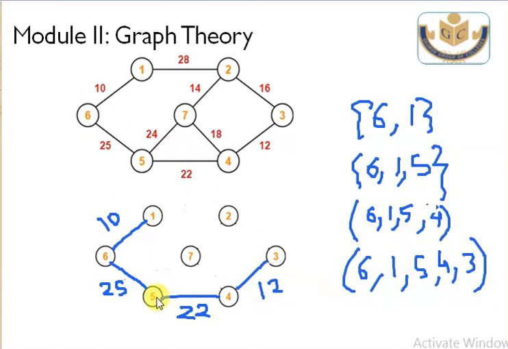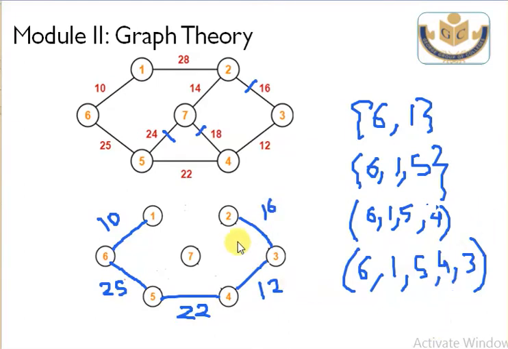From 5 I can go to 7, that is 24. So the possibilities are: from 5 I can go to 7, from 4 I can go to 7, from 3 I can go to 2. So what is the minimum value? Okay, the minimum value is 16. Between 24, 18 and 16, the minimum value is 16.